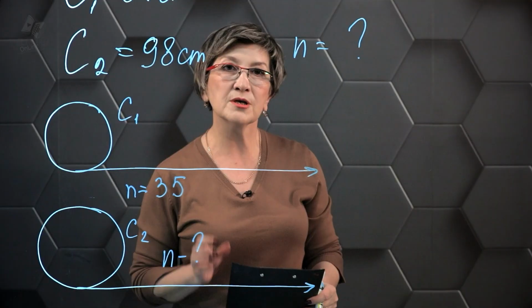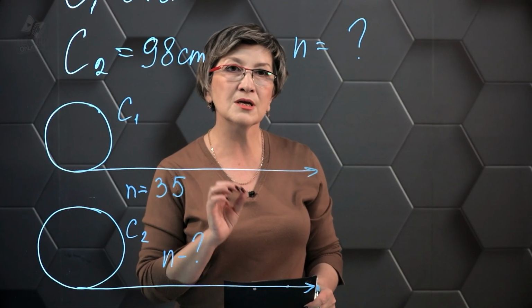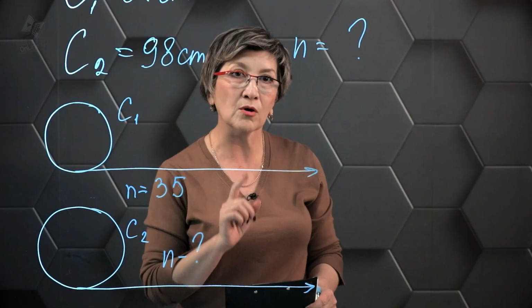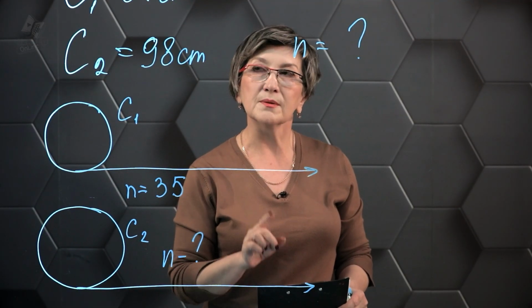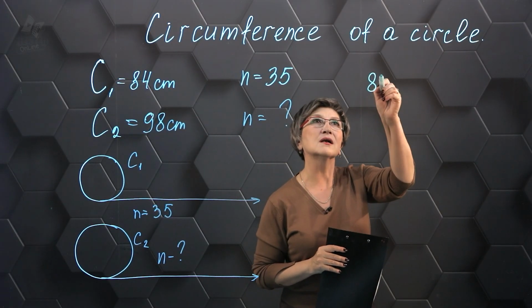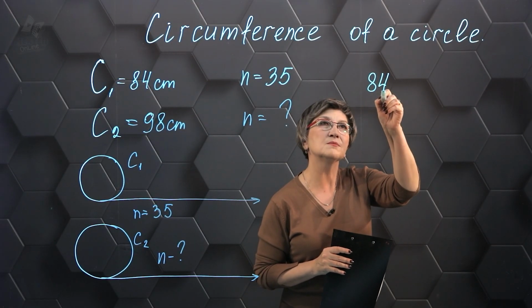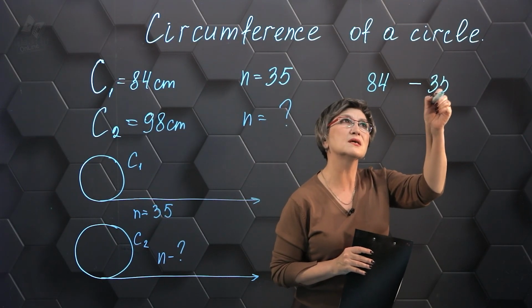This problem can be solved if we use the formula for finding the length of the circle. But there's another way to do it. Let's talk about another way. If the length of the circle is 84 centimeters, then the wheel has made 35 revolutions.